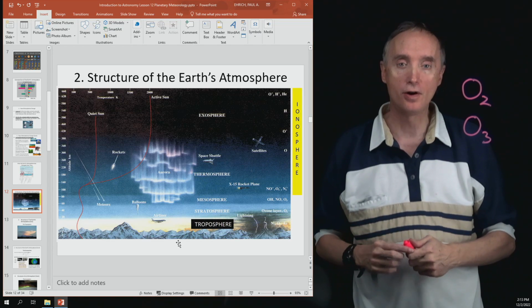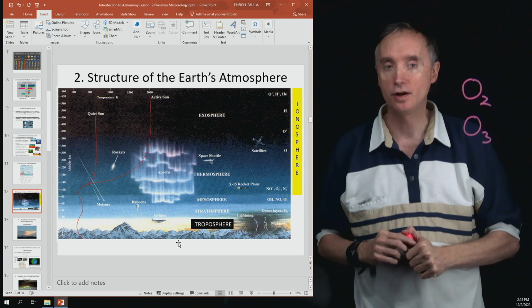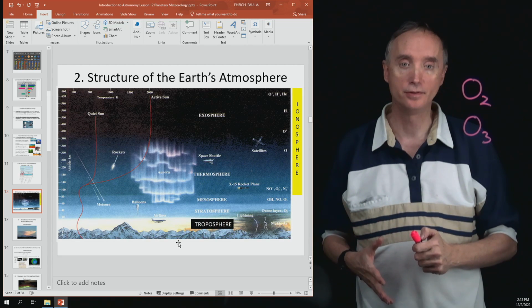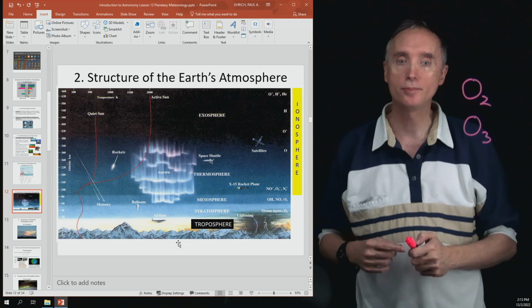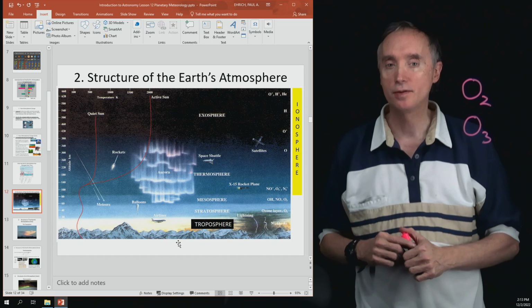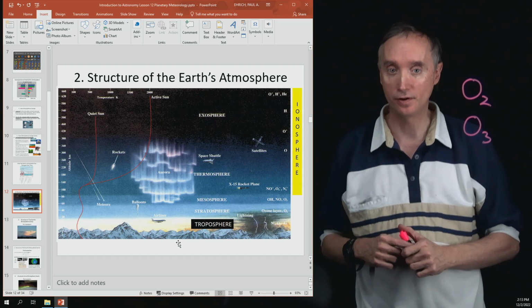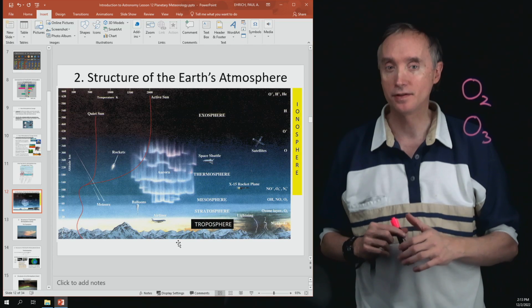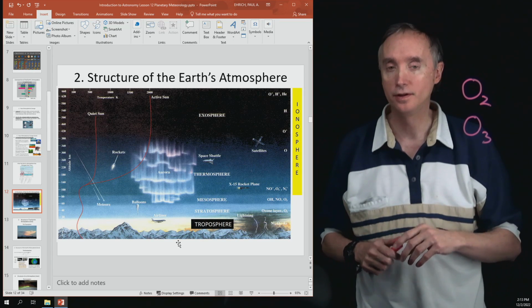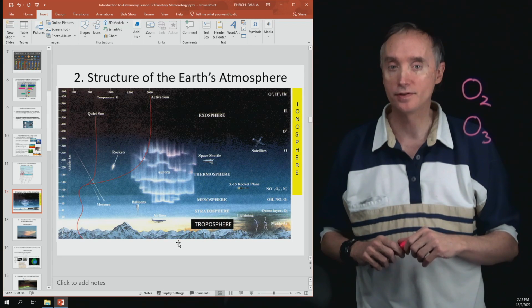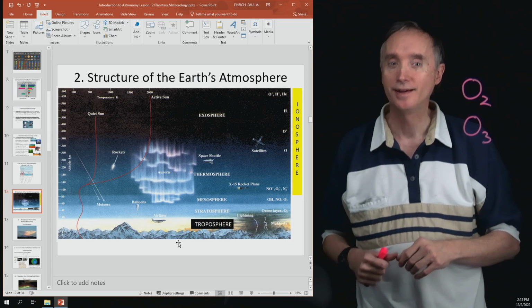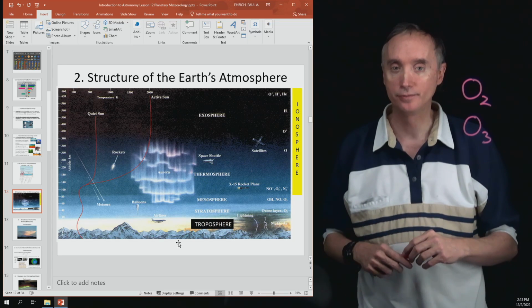So the Earth's atmosphere also has a layer called the mesosphere, and we're not going to be so interested in it. Then let's go up to the next layer, which is called the thermosphere. Thermo means hot, so this particular area of the Earth's atmosphere is hotter than the mesosphere. And again, we're not really going to get into it.